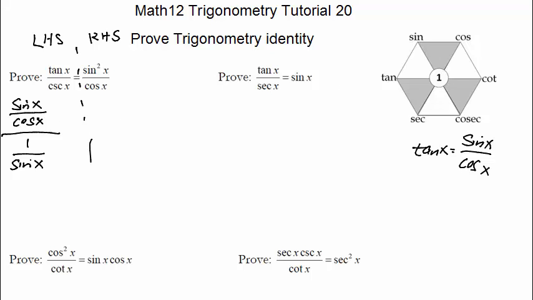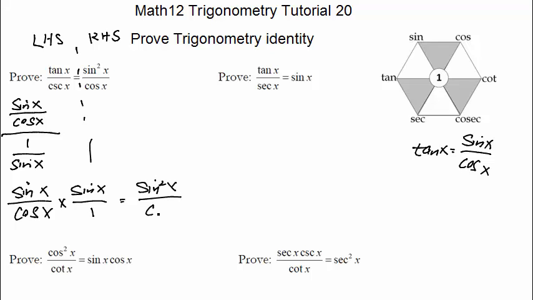So these divided by these equal sine x over cosine x times cosine x over 1, which is just sine x squared over cosine x. And done. That's exactly the same as the right-hand side. We didn't even do anything to the right-hand side; it's already simplified. Make sense? This is a very simple question.